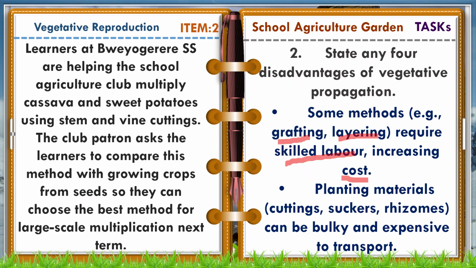Planting materials like cuttings, suckers, and rhizomes can be bulky and expensive to transport.